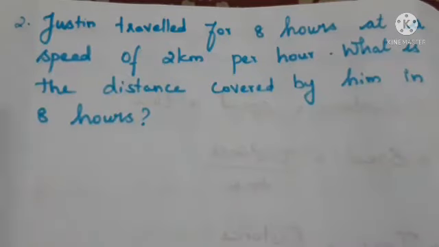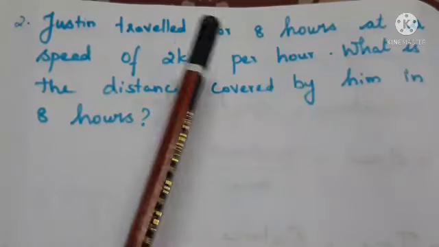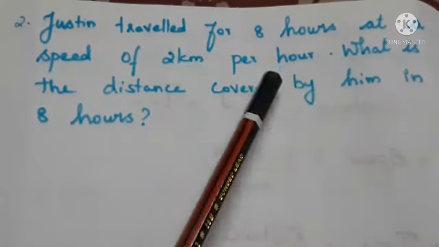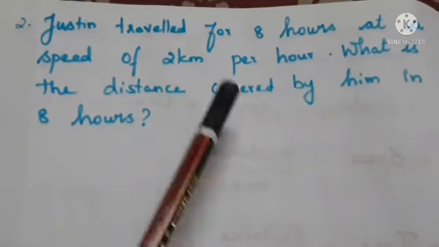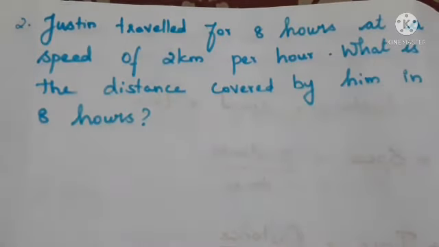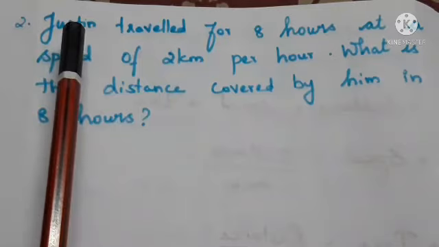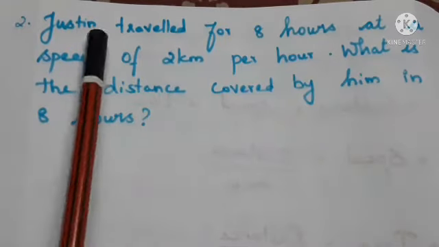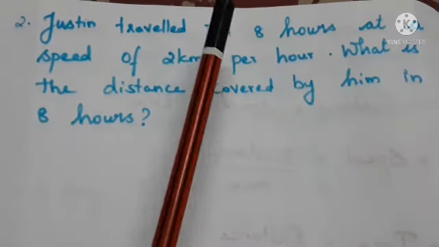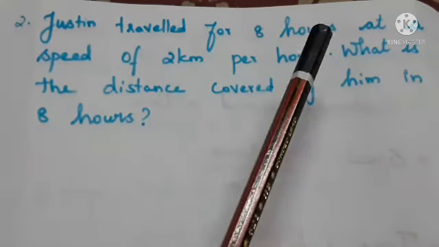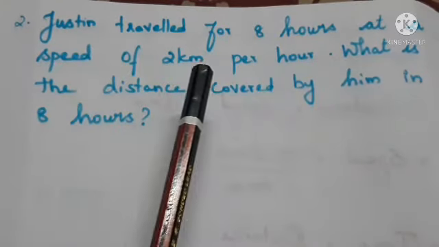Second problem. Justin travels for 8 hours at a speed of 2 km per hour. What is the distance covered by him in 8 hours? See once again, one man's name is Justin. He traveled for how many hours? He is traveling for 8 hours at a speed of 2 km per hour.